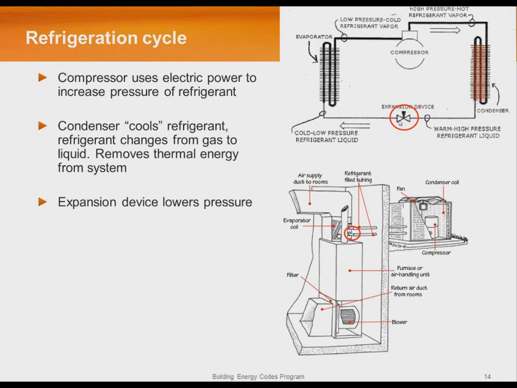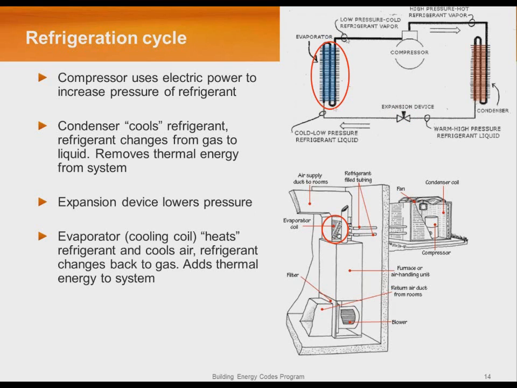As it does, it boils, literally. Again, we're boiling at a lower temperature because it's a different refrigerant, a different chemical than water, and as we boil it, we extract the heat out of it. The evaporator coil gets cold, and we're able to blow air through that coil and extract heat out of the air and cool down the situation.